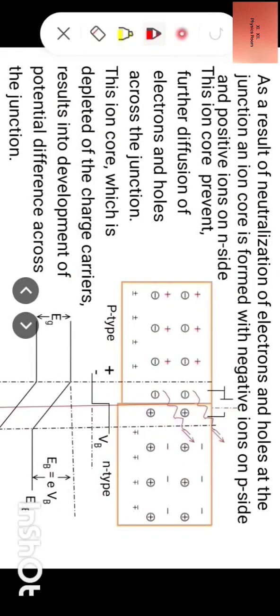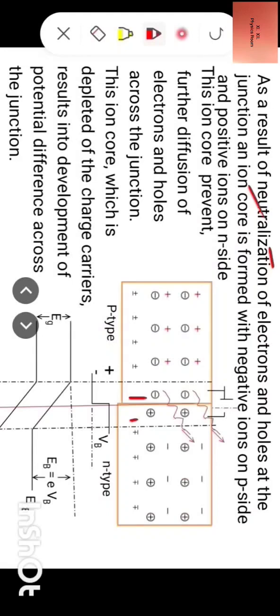Now, as a result of neutralization of electrons and holes at the junction, an ion core is formed with negative ions on p side and positive ions on n side.